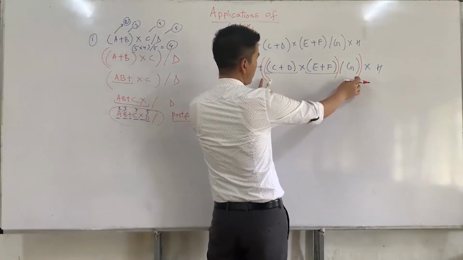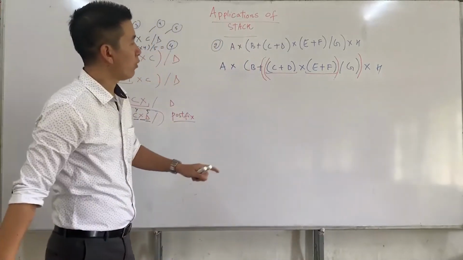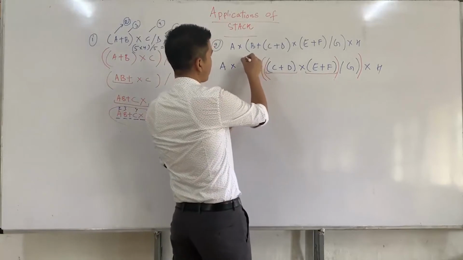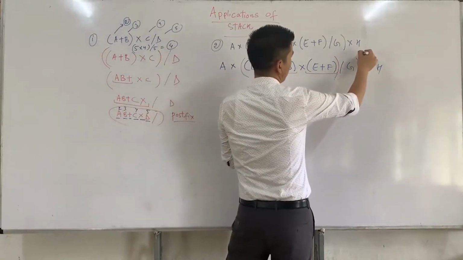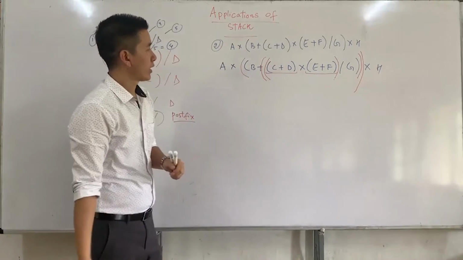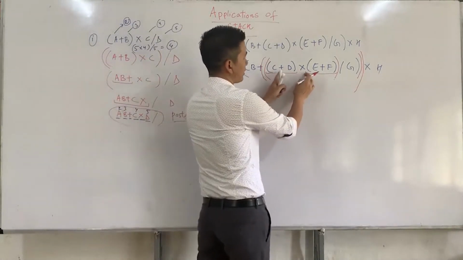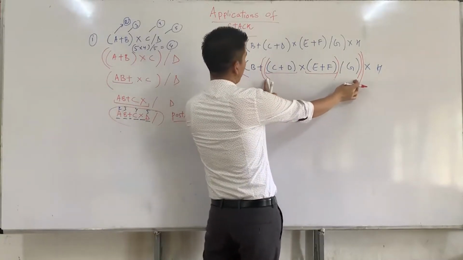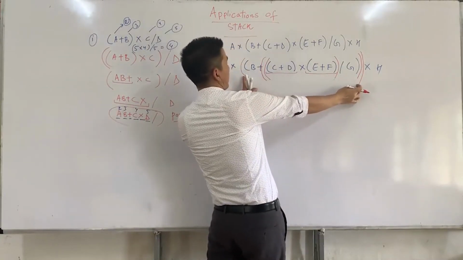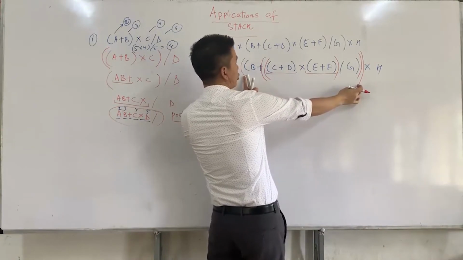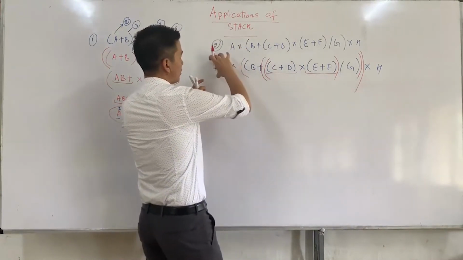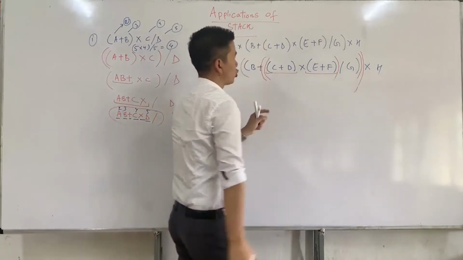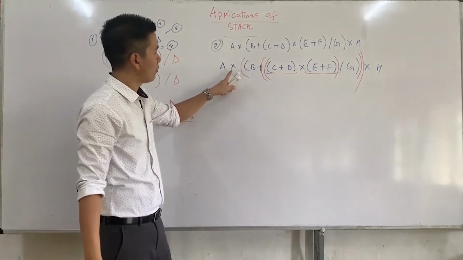Once I am done with this, I now have this as a whole. So first, second, third, fourth, and then fifth. Fifth, understood? You now are left with A and all of this, and then finally you have H. So you have two operators of multiplication.